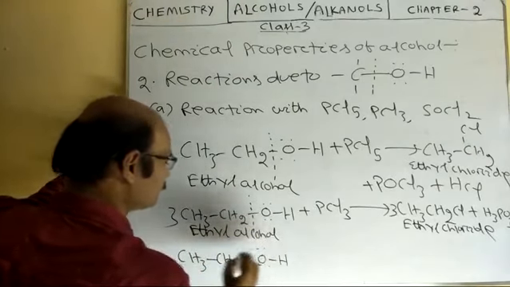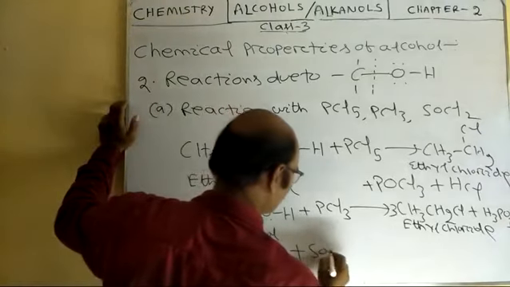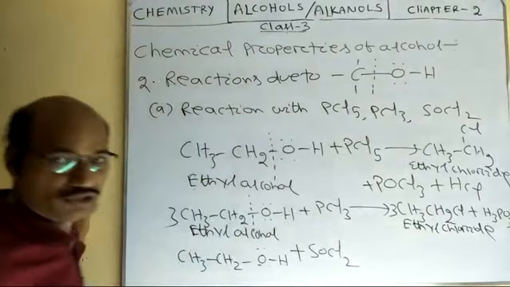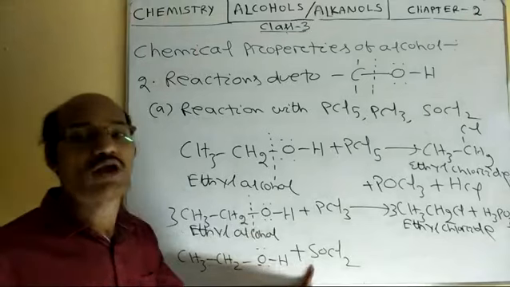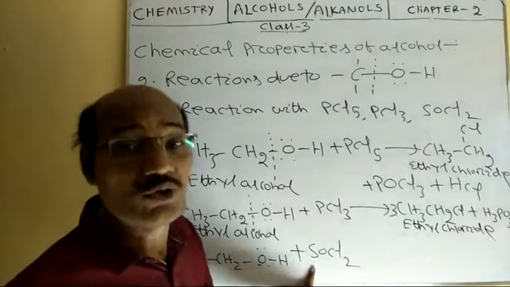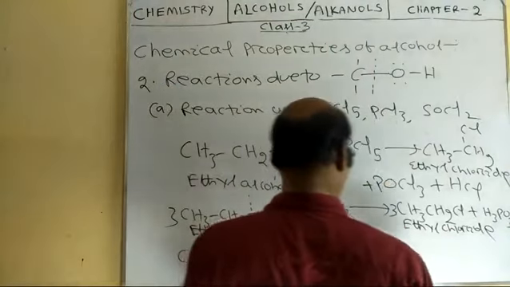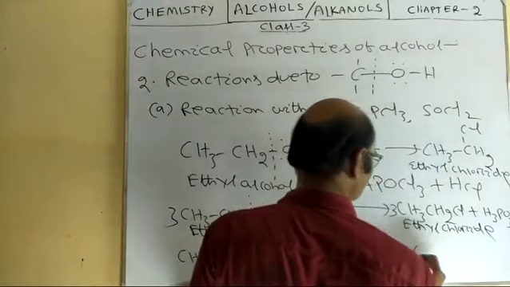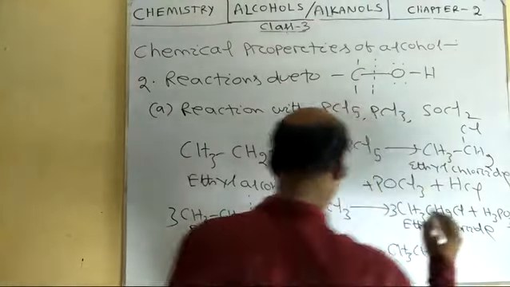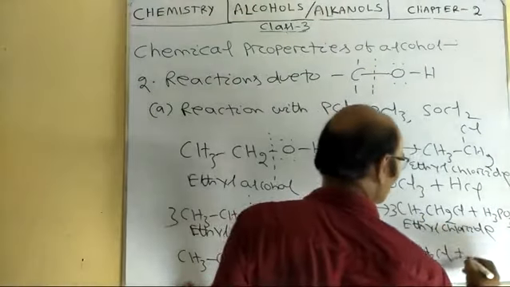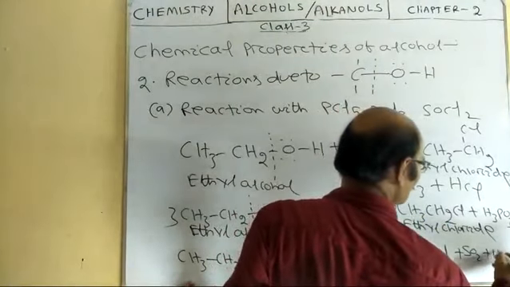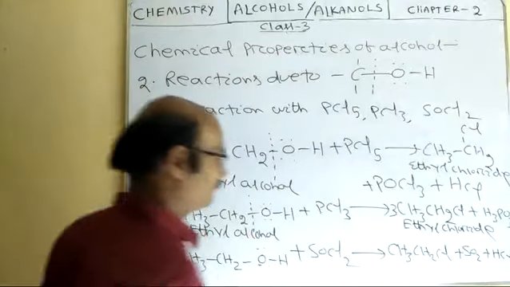Now if I take CH3CH2OH plus SOCl2, this is called thionyl chloride. Called what? Thionyl chloride. What do we get? CH3CH2Cl plus SO2 plus HCl.